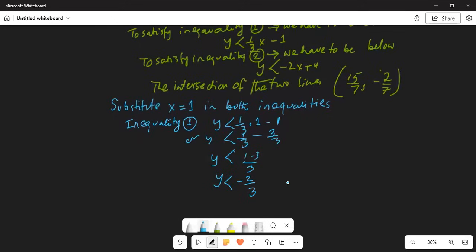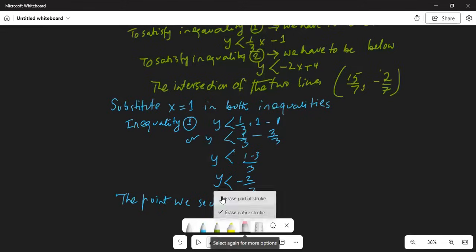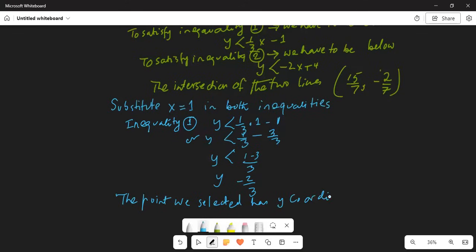The y coordinate of the point we selected is minus 3, which is less than minus 2/3.